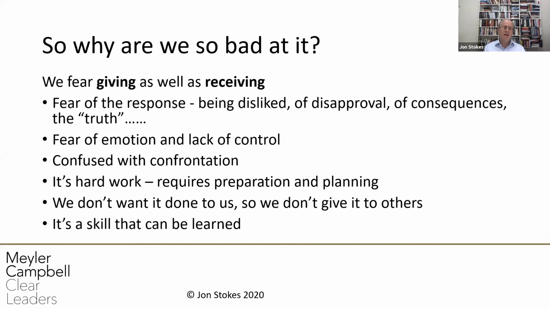And finally, just to say, it's a skill that can be learned, and indeed sort of needs to be learned, because it's not natural behavior. Natural behavior is to have a fear of foreboding about it, and to give feedback in an overly emotional way, or in an anxious way at least, which is likely to be misperceived by the other person.